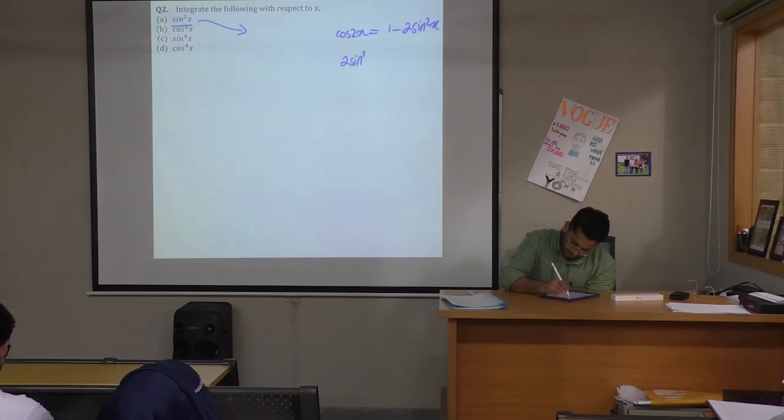Minus 2 sine square x is equal to cos 2x minus 1, so 2 sine square x is 1 minus cos 2x. Or sine square x is 1 minus cos 2x upon 2.